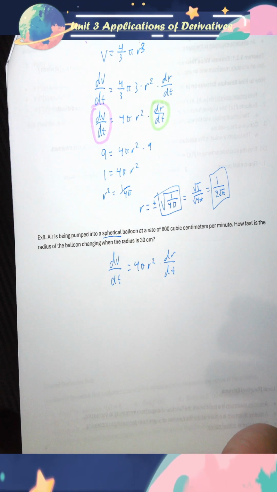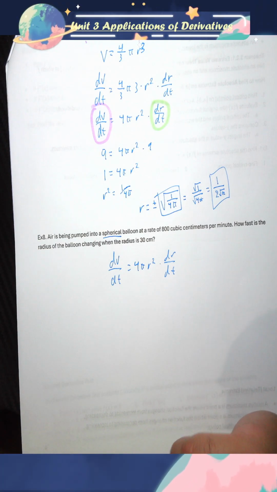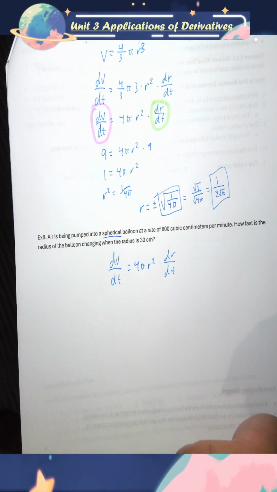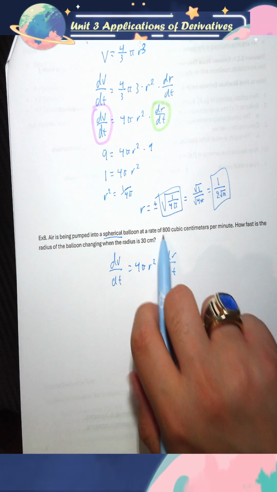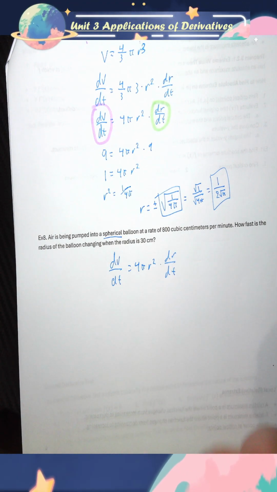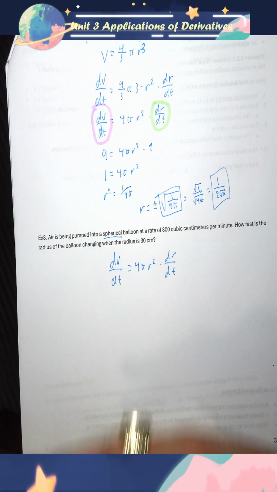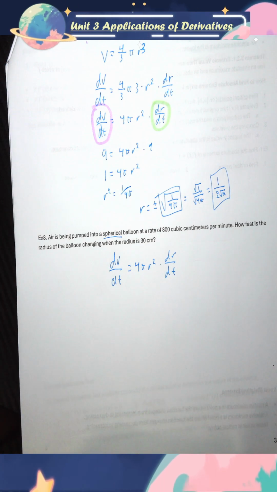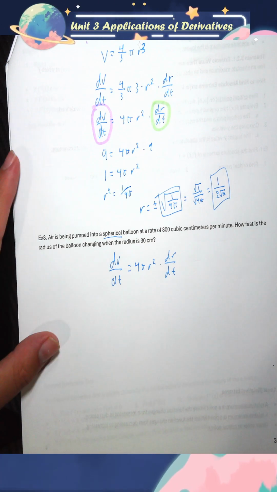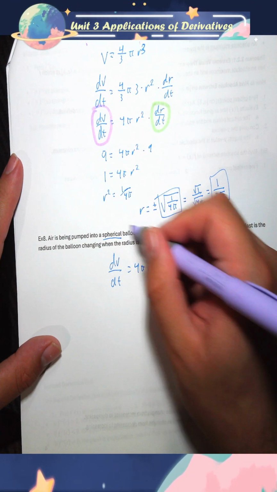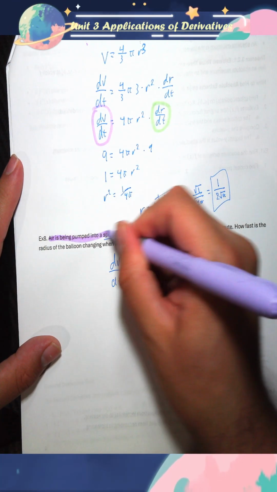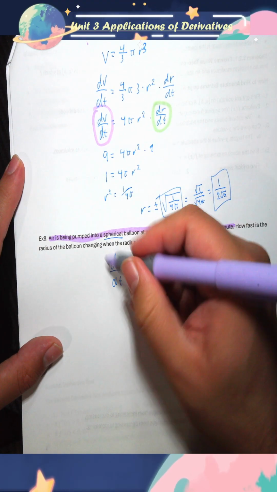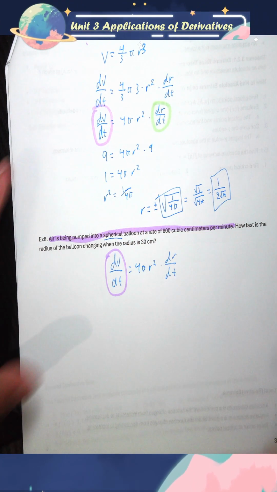First, it says the air is being pumped into a spherical balloon at a rate of 800 cubic centimeters per minute. So the air inside a spherical balloon is a glorified way to describe a volume. So this whole sentence, I would argue, is speaking for the volume.